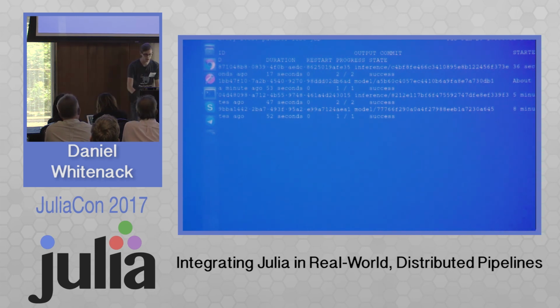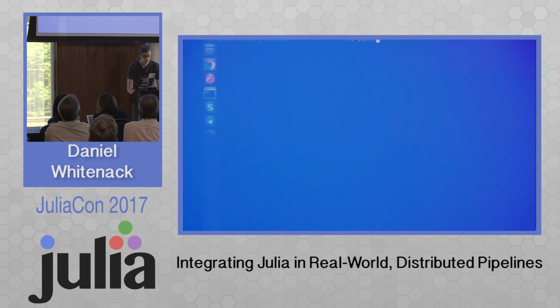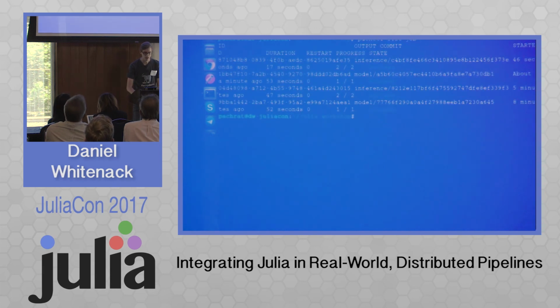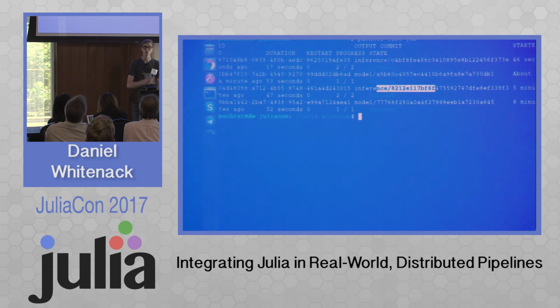But getting to your point, part of the magic here is that if I look at these jobs, I've now run 2 inferences. I've run this one and I've run this one. So how am I to say which model or which training data was used for each of those? This is where this idea of provenance comes in.